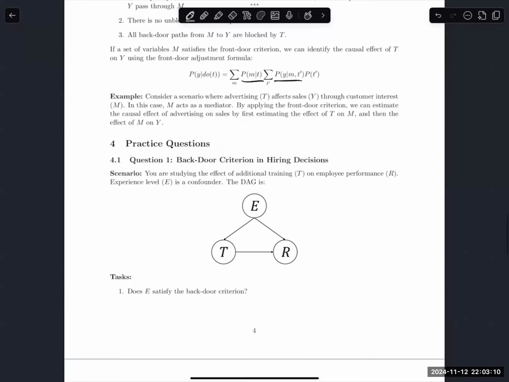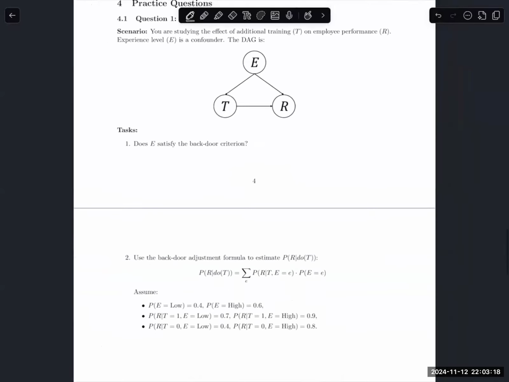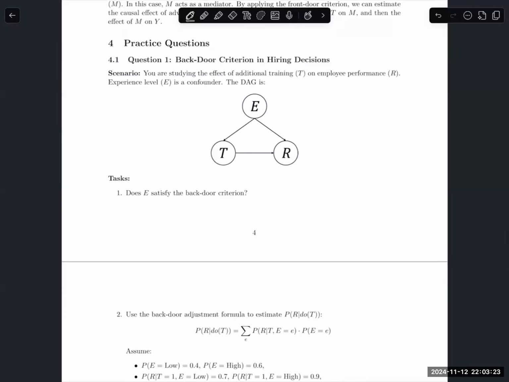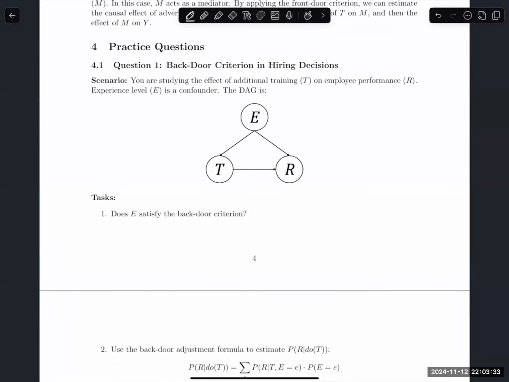Okay, so now let's go through some practical questions that can help us better understand these two concepts. The first one is an example for the backdoor criterion. The scenario is that we are studying the effect of additional training on employee performance.